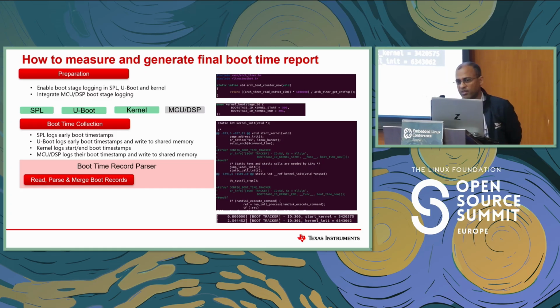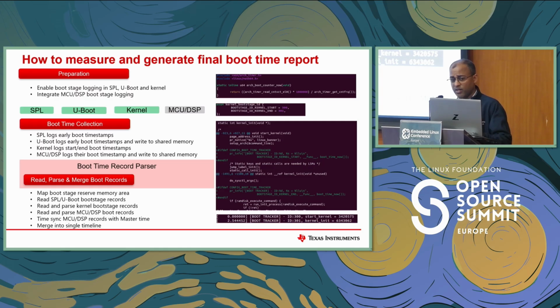Then comes the third part of this, your record parser, where basically we read all those records, the messages, we parse them, we merge them, right? So what does this utility do? First thing it does is map the boot stage reservoir, right? And then it will read the SPL and U-boot boot records.